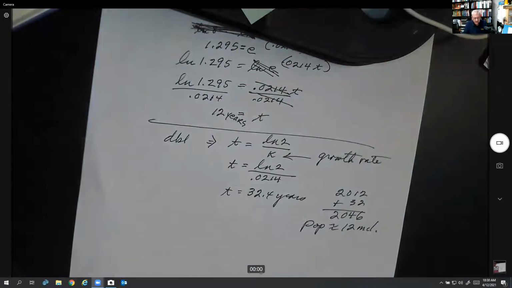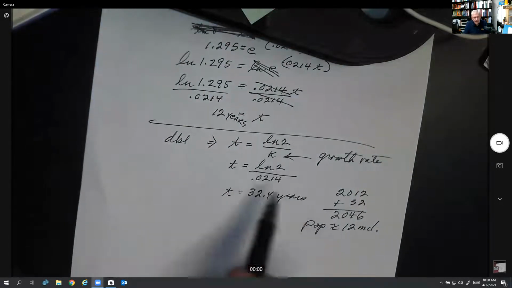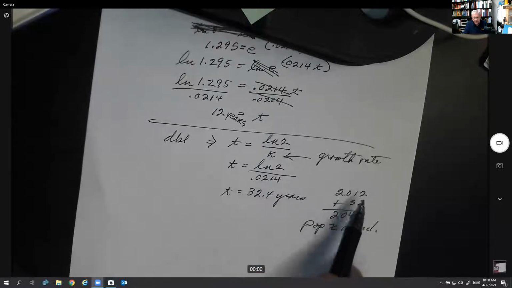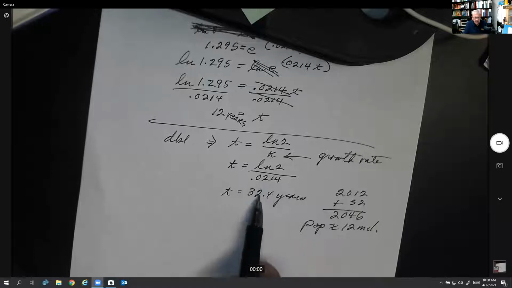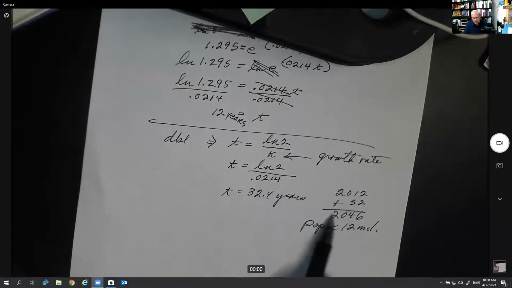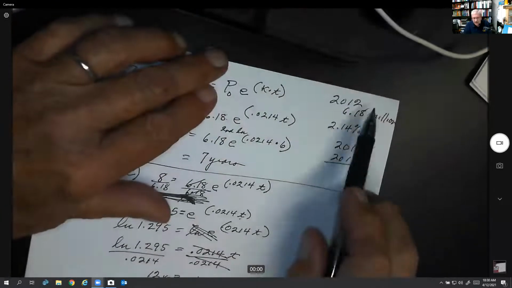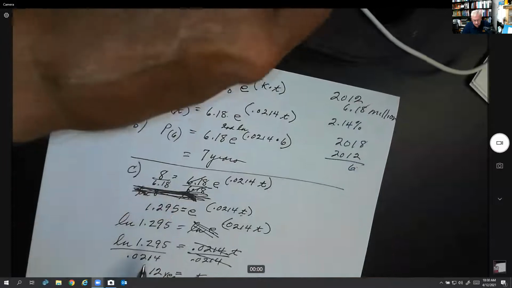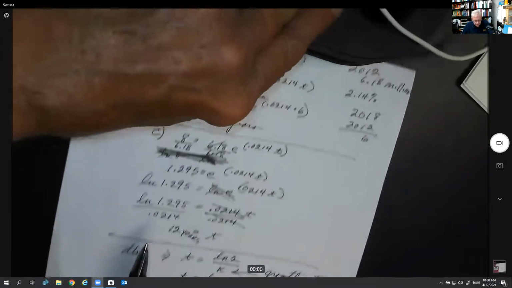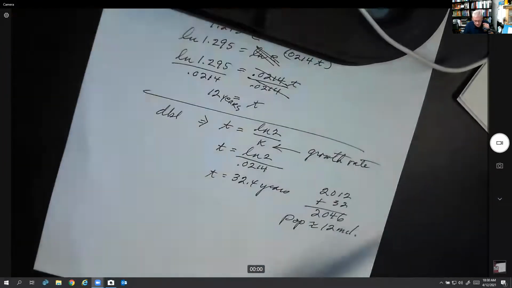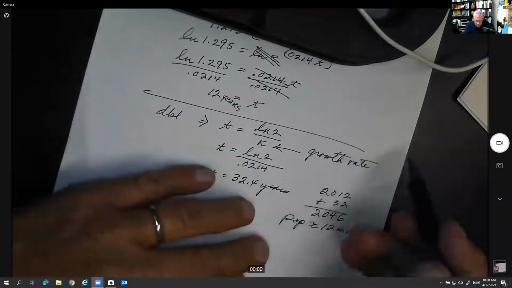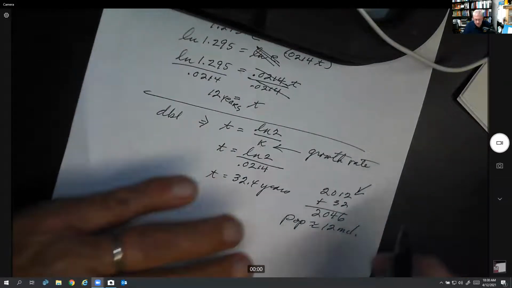Sorry. So it's ln 2 divided by k, ln 2 divided by 0.0214, 32.4 years. You could leave it this way, or the population is going to double in about 2046. You have to go by the initial year you started. Okay. Your initial population was the year 2012.